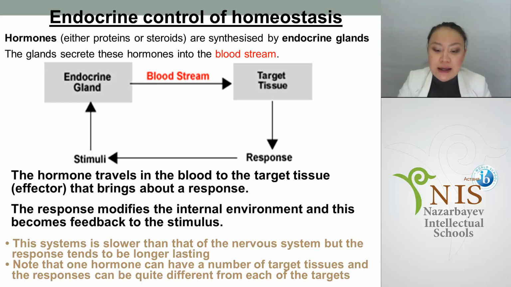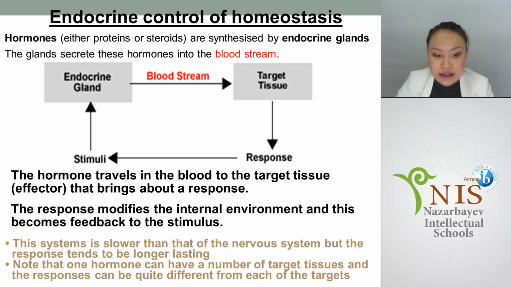The response modifies the internal environment and this becomes feedback to the stimulus. This system is slower than that of the nervous system, but the response tends to be longer lasting. Note that one hormone can have a number of target tissues and the responses can be quite different from each of the targets. Look at this diagram.